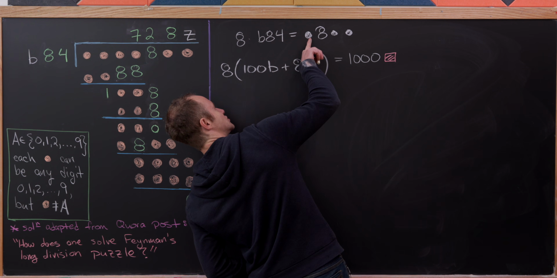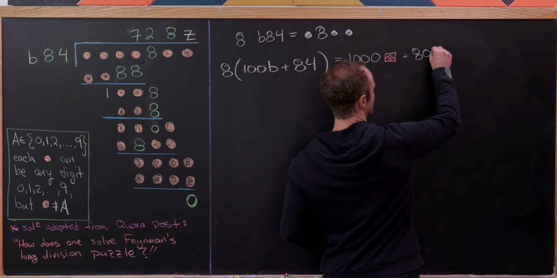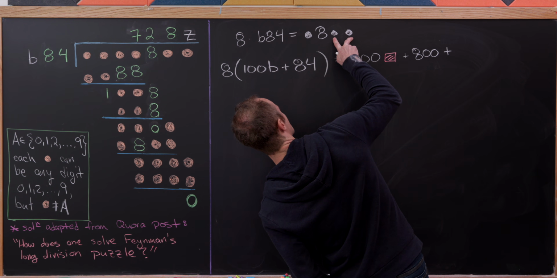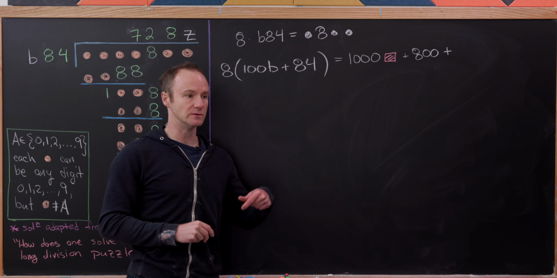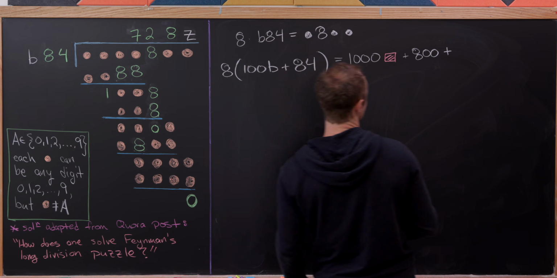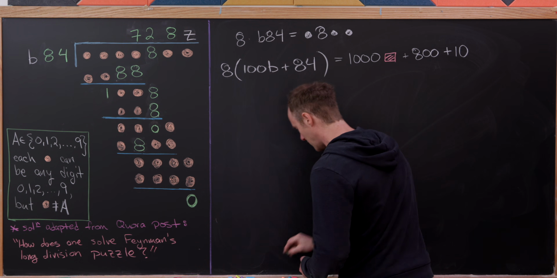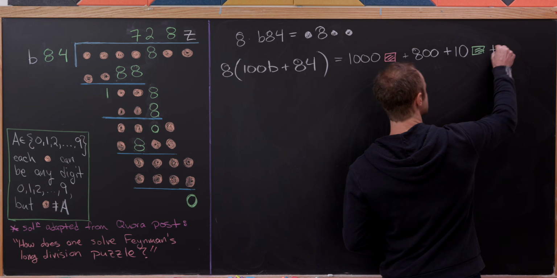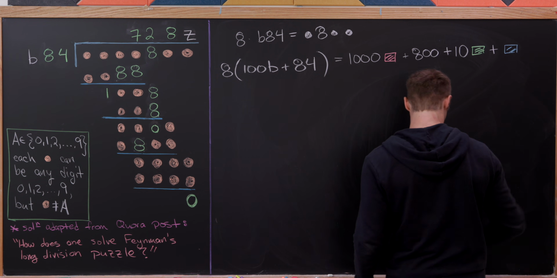Well, that's that digit right here, the leading digit, and then plus 800 plus, well, what we have left over here is less than 100, so it's going to be equal to 10 times something plus 1 times something. So I'll write that as 10 times, well, I'll use a green box for this unknown, and then plus, well, our ones place right here, so I'll use a blue box for that unknown.